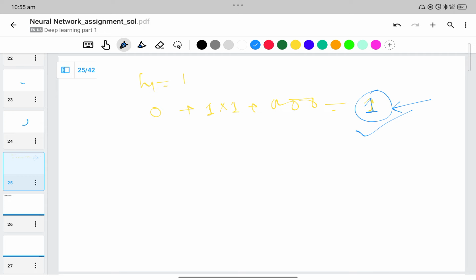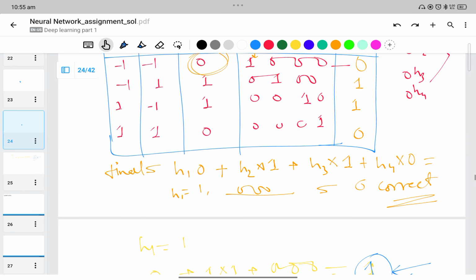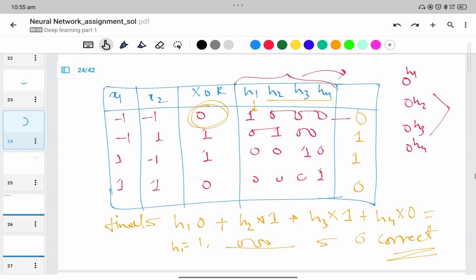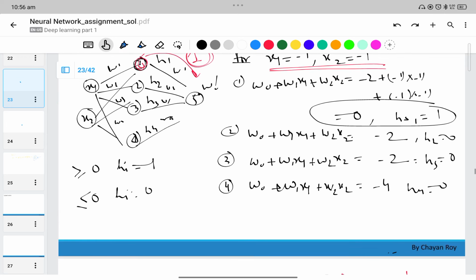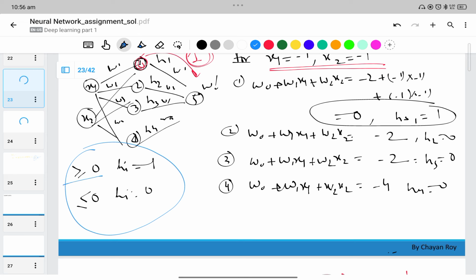In this place we have defined a function like this one. Whenever the sum is greater than or equal to 0, we give the output as 1. Whenever it is less than 0, we give the output as 0.